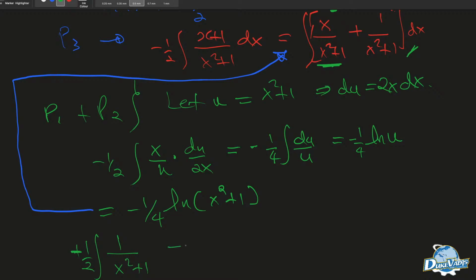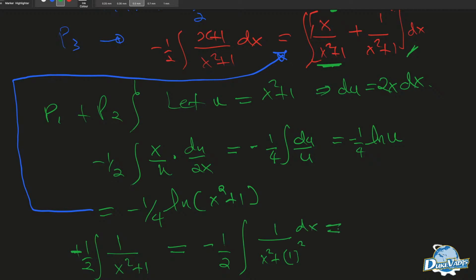When we integrate this, we know this can be written as minus 1 over 2 integral of 1 over x squared plus 1 squared dx.